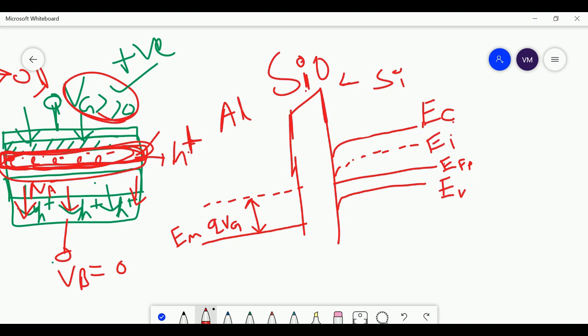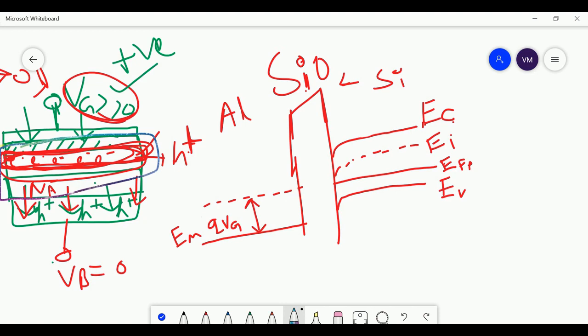Because the majority charge carriers in this region of silicon, only in this much region, are electrons, because all the holes were repelled. Now this region starts behaving like an n-type semiconductor rather than a p-type semiconductor.